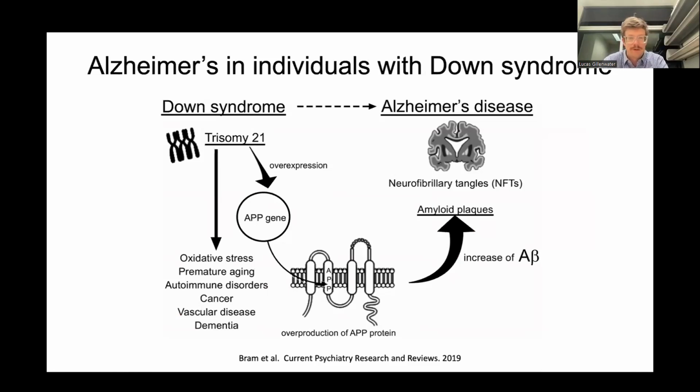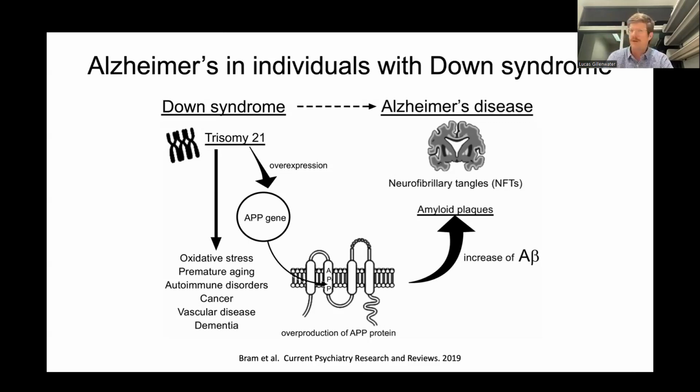This amyloid precursor protein is an intermembrane protein that, when it is increased, leads to an increase in A beta, or amyloid plaques. And these amyloid plaques in combination with neurofibrillary tangles lead to Alzheimer's disease as we know it now.